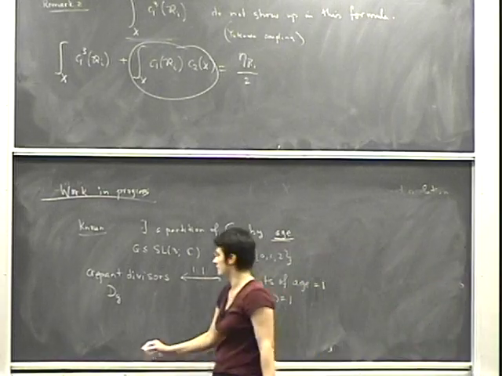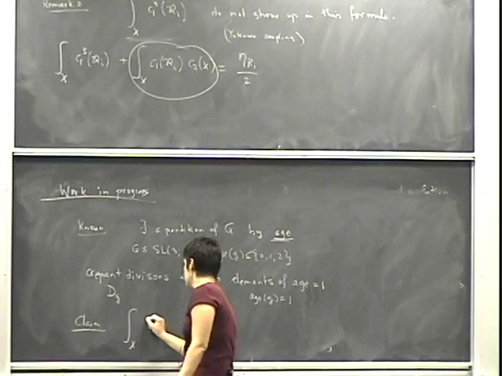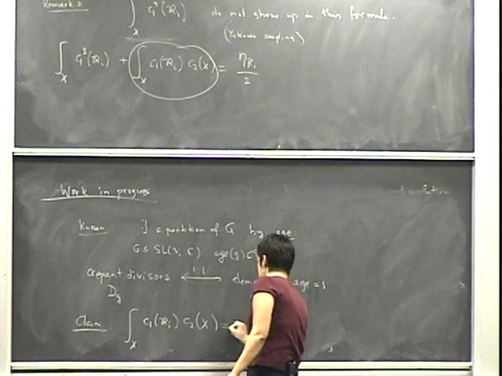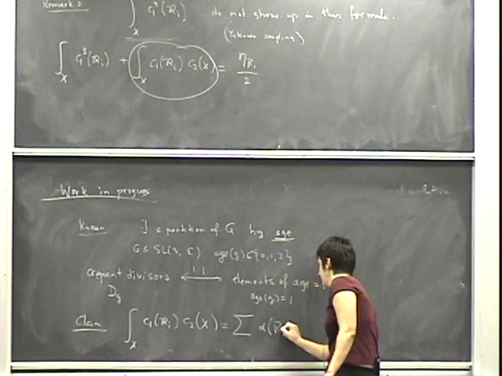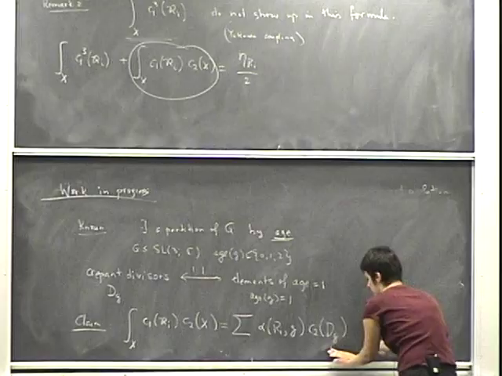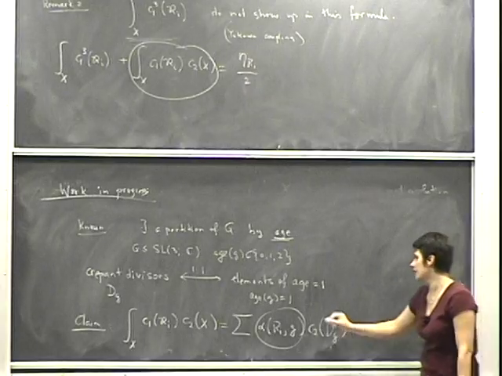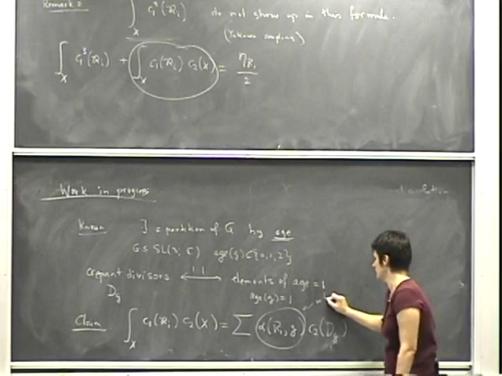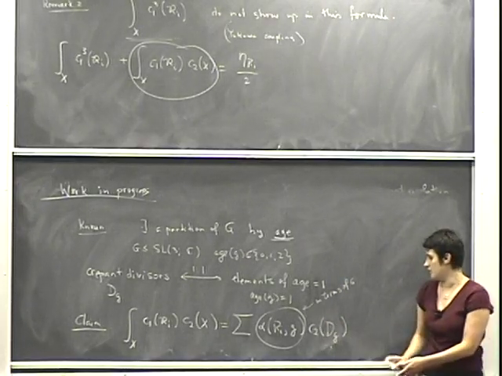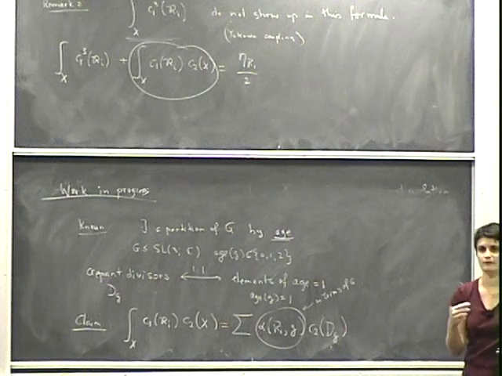Then it turns out, claim: the integral over X of C1 of Ri times C2 of X is alpha Ri of G times the second Chern class of the Crepant divisor corresponding to G. And this element, alpha Ri of G, is entirely expressed in terms of G. But this element, C2 of the Crepant divisor, really changes when you perform a flop.